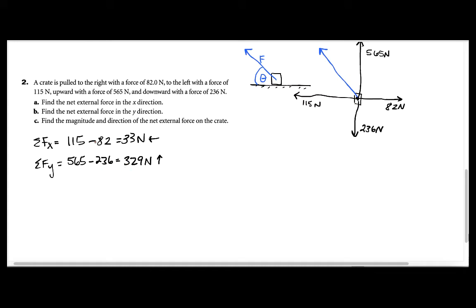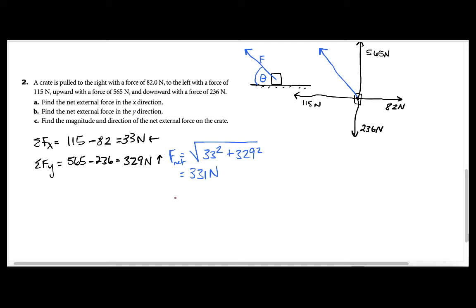And again, we've summed our forces in the x and y direction, but now we need to use trig to figure this out. We're going to put them back together into one overall force using Pythagorean theorem. And so we'll do the square root of the x portion squared plus the y portion squared, and that gives us 330.65, which is about 331 newtons.